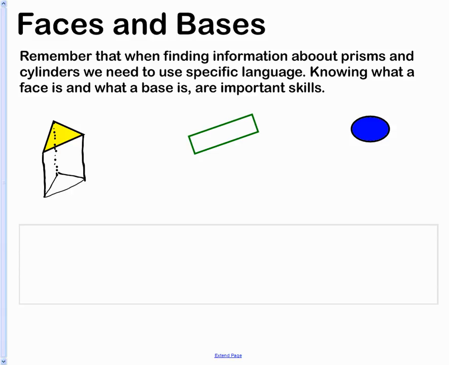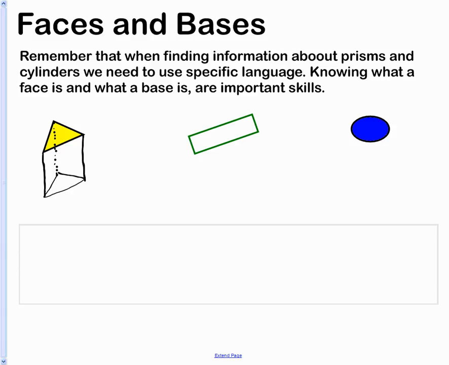The bases of a prism are the congruent shapes. So in a triangular prism, the triangle is the base, and we have three lateral faces. The three faces on the outside of the prism make up the faces. The triangle makes up the bases. The same is true with a rectangular prism.